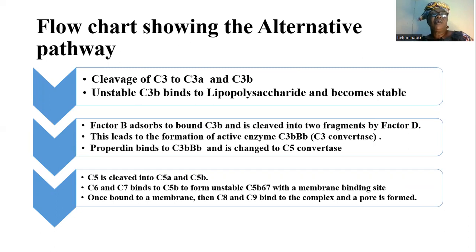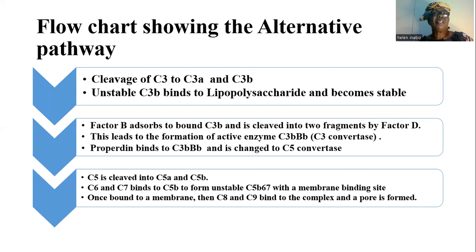Following that, factor B adsorbs to the bound C3B and is cleaved into two fragments by factor D. This leads to the formation of the C3 convertase. Properdin binds to the C3 convertase, that is C3BBB, and is changed to C5 convertase. The C5 component is cleaved into C5A and C5B.